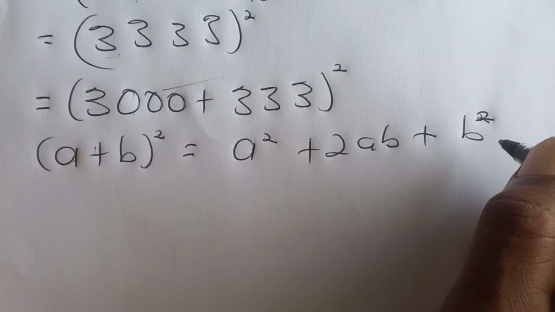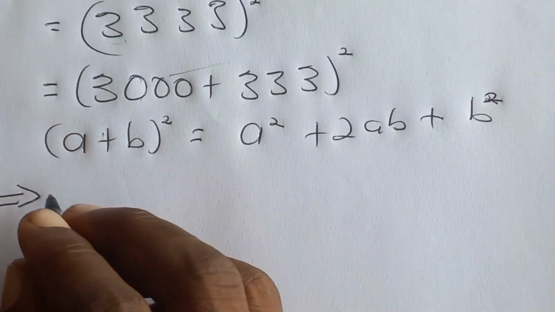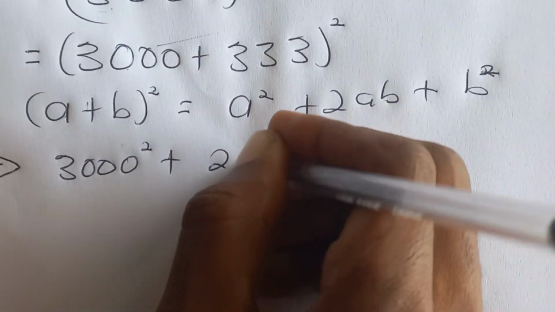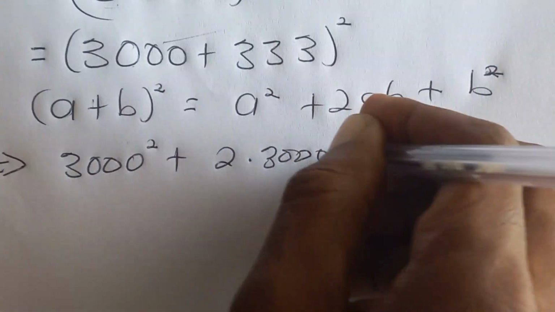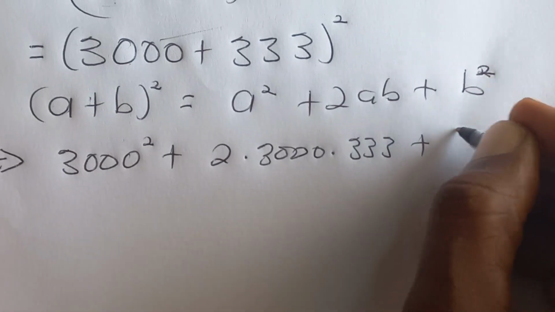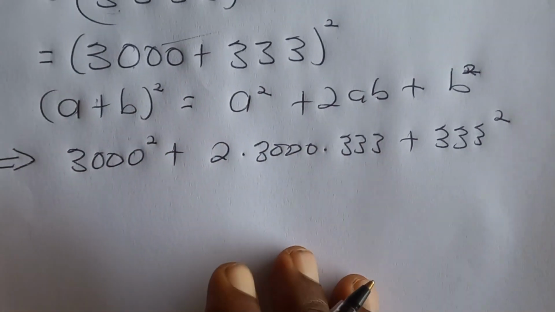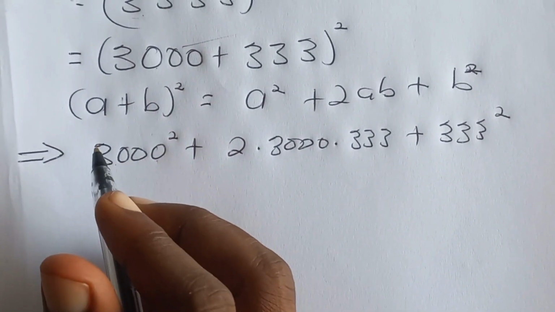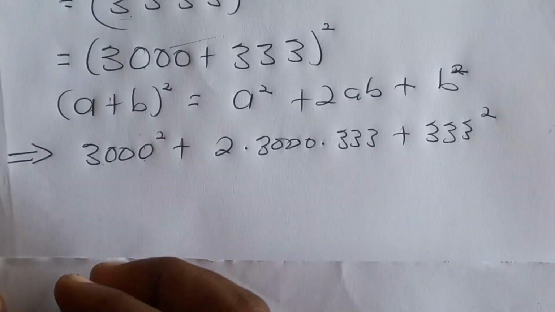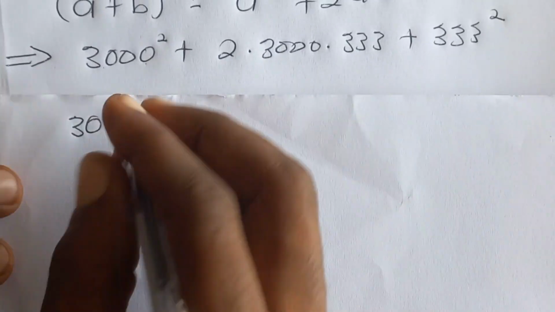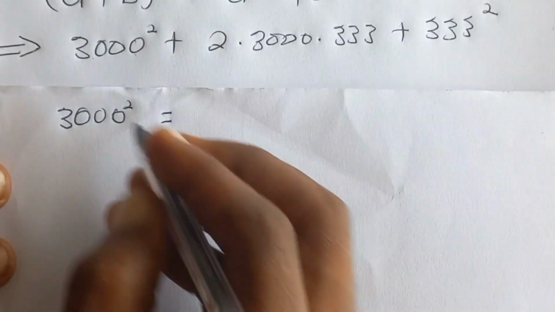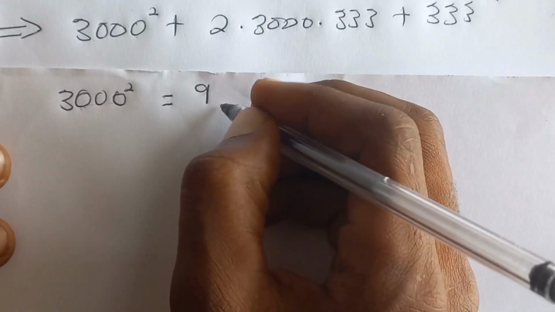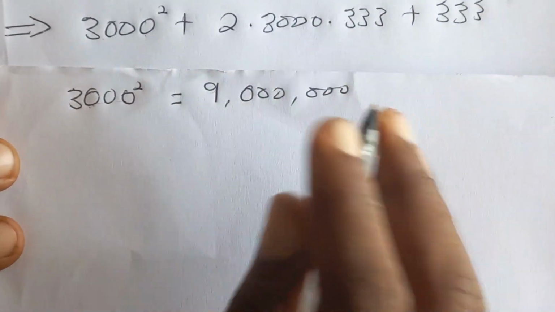So we transform this expression to be 3,000 squared plus 2 multiplied by 3,000 multiplied by 333 plus 333 squared. 3,000 squared is going to be 3 squared is 9, then 6 zeros, which is 9 million.